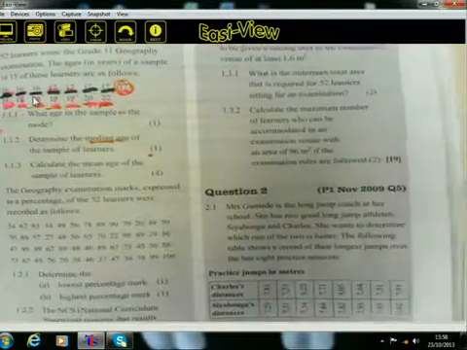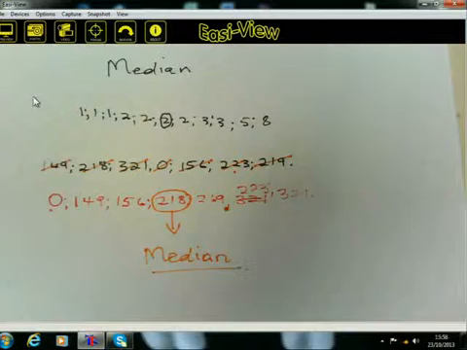Okay. Now let us check. Are you correct or not? Remember what I said, we are looking for the mean. Now, who can tell me what I said about the mean? Remember, what is the mean?